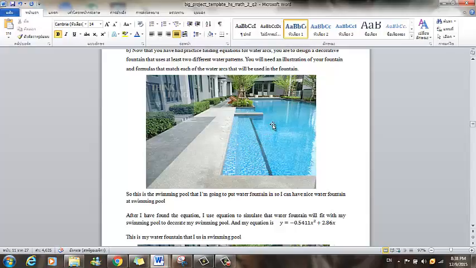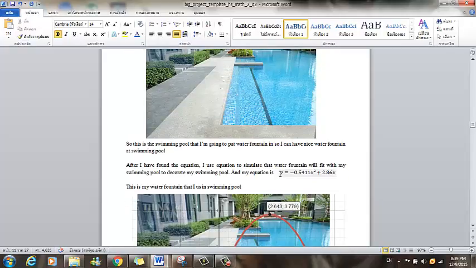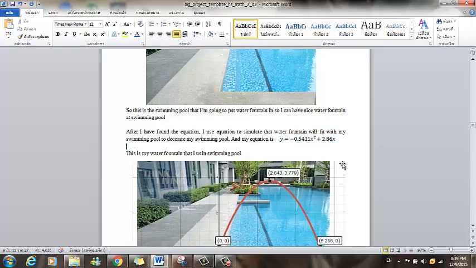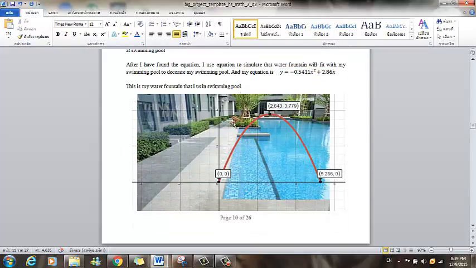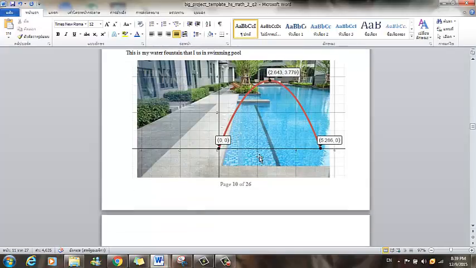After I have found the equation, I use my equation to simulate a water fountain to fit my swimming pool, to decorate my swimming pool. So the equation that I use is this one, and this is my water fountain that I'm gonna use with my swimming pool, and it fits on my swimming pool. Nice.